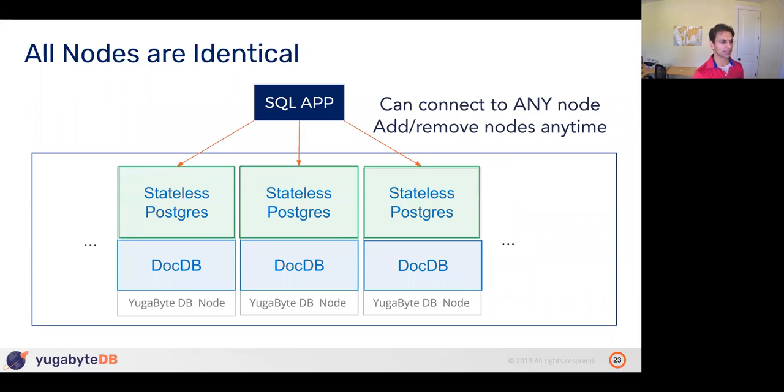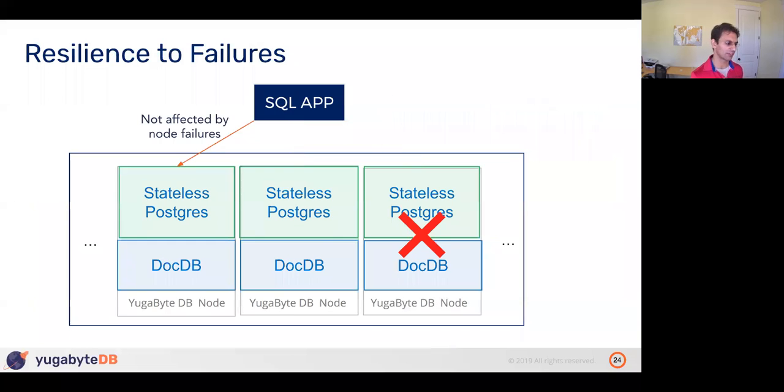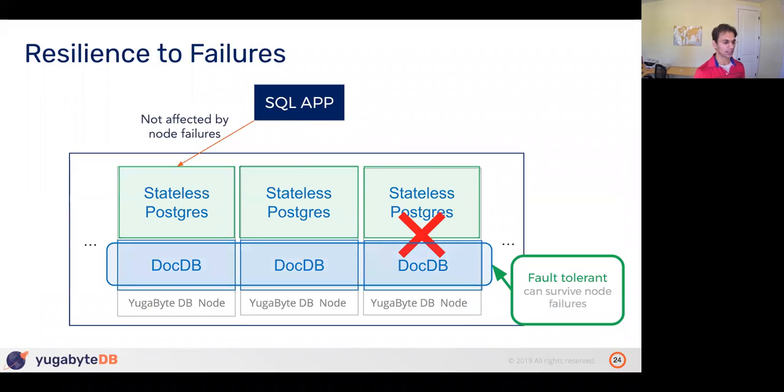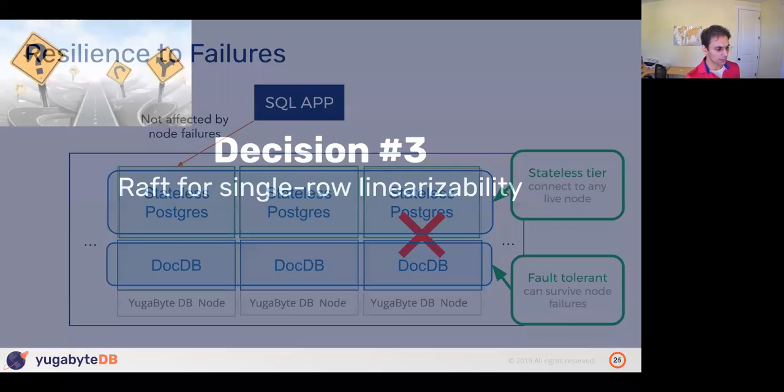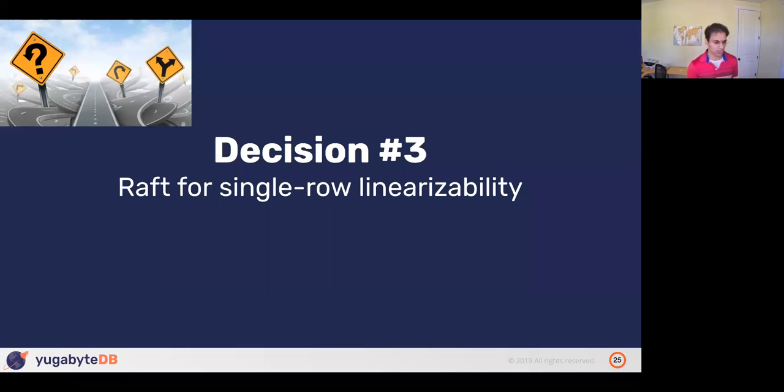It's part of the same process. And so your app can connect to any node, right? And if you lose a node, you're completely fine because you can connect to another one. The lower portion is fault tolerant and can do failovers pretty quickly. The upper portion is stateless, so you simply connect to another node if the node you connected to failed, and you'll be able to continue performing reads and writes and so on.